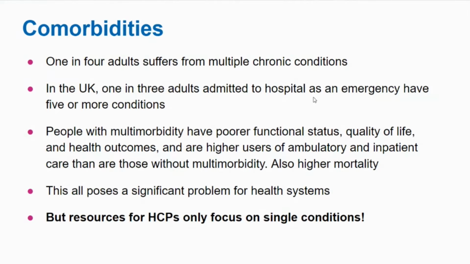People with multimorbidity have poorer functional status, quality of life and health outcomes, higher use of care, higher mortality, which poses a significant problem for healthcare systems. And yet resources for healthcare professionals focus only on single conditions, and that includes original research, systematic reviews, guidelines and clinical decision support resources up to now as well.